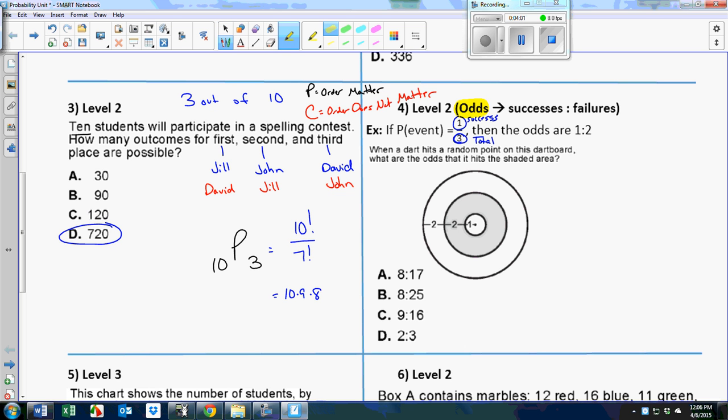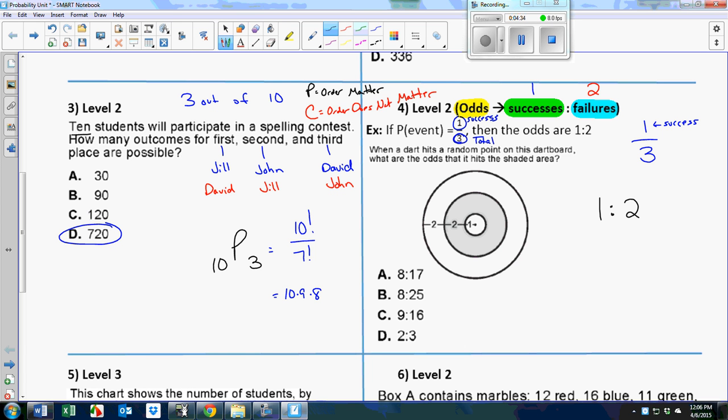Odds are successes to failures. So there's one way to do this the right way, and how many failures? So one success, and two wrong ways, or failures. So the probability is 1/3, but the odds is 1 to 2.